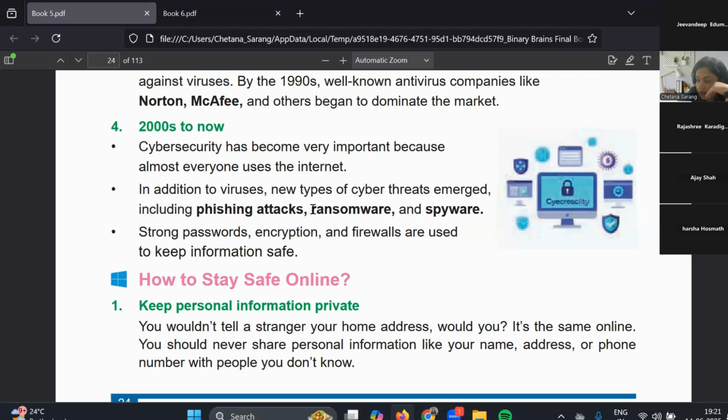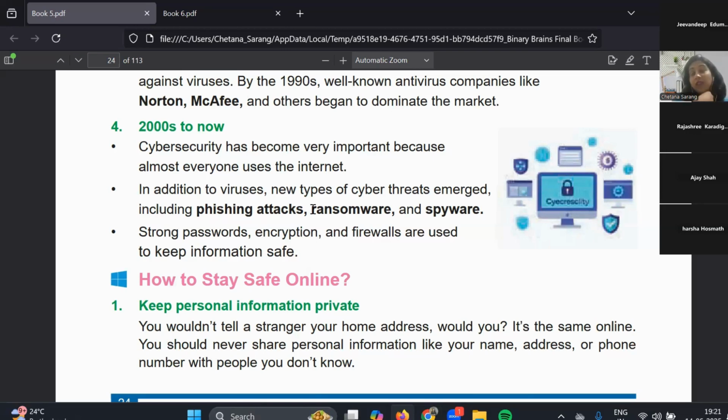The killing person for the money. Right. Yeah. So they just encroach your details, your account and everything, and they will demand money. They say only if you pay me, I will activate or release your account.